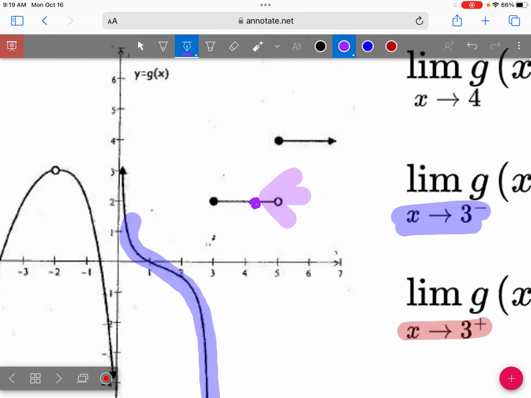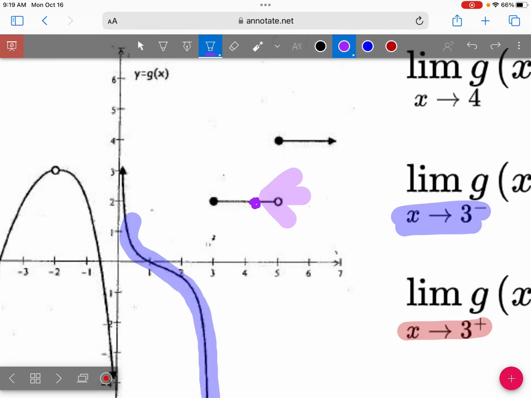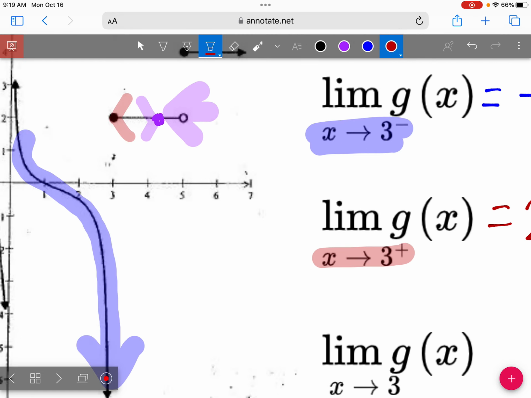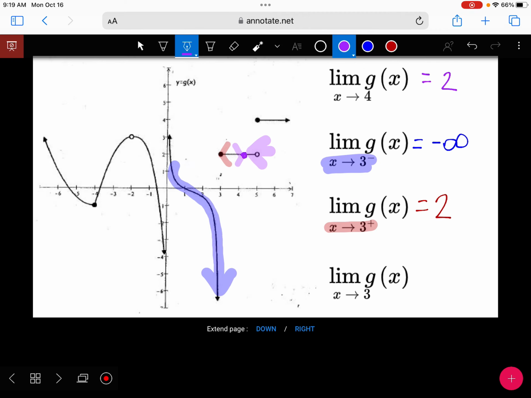I'm just going to change these to be something a little bit easier to see through. So what is the limit as x approaches 3? It does not exist. It does not exist because they're approaching 2 different values.